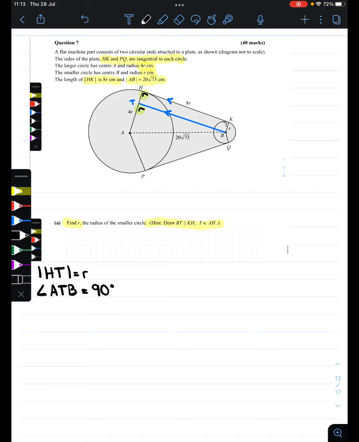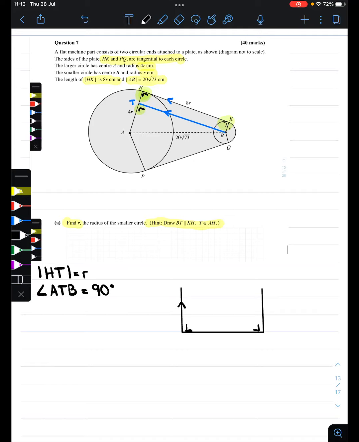Okay, so what else do we know? Well, if this is a right angle and this is a right angle, then we have something like this. So, right angle, right angle.